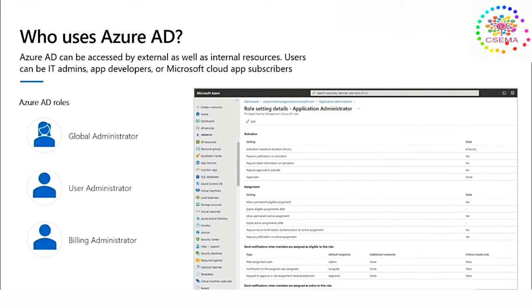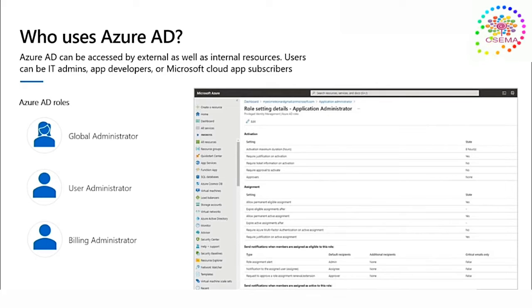Although several AD roles span Azure AD and Microsoft 365, such as the Global Administrator and User Administrator roles, by default, the Global Administrator role doesn't have access to Azure resources.